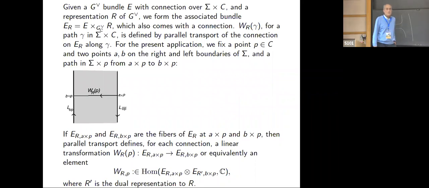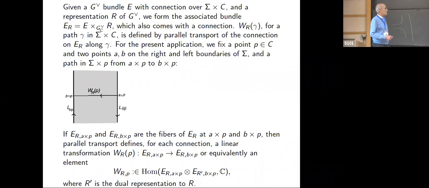Well, since I'm taking a little bit too much time, I'll try to go through this briefly. So first of all, we start with a G-dual bundle E over the 4-manifold sigma times C with some connection, and also a representation R of the dual group. To that data, there's what mathematicians call an associated bundle.